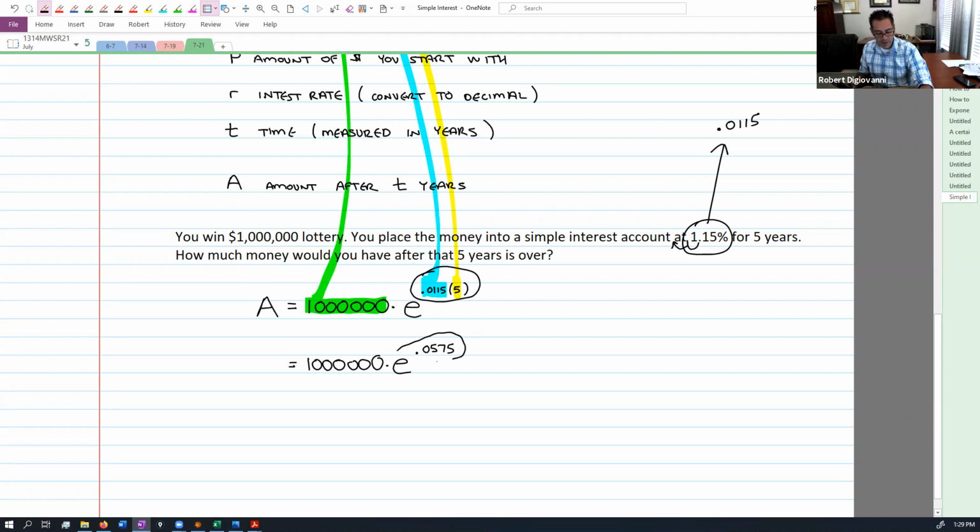You have to do this on your calculator now. What is E raised to that number? So I do E raised to the 0.0575. And I get 1.05919.